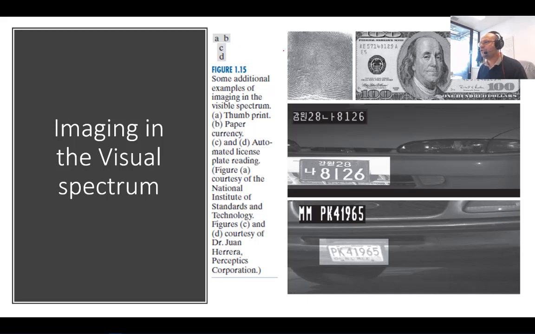You can use computer vision for digital thumbprint identification, for the identification of currency, of fake currency, and this dreadful application, which is automated license plate reading, which is actually quite simple to develop.